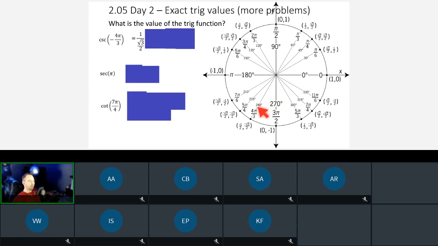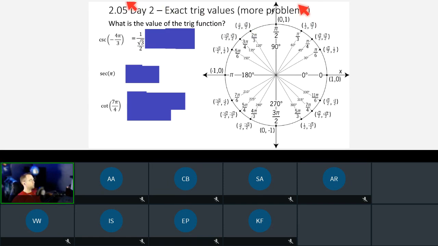So we want to go negative 4 pi over 3. So 240 degrees. So we're going negative 240 degrees. That's going to put us here. So this is negative 4 pi over 3. But again, if you want to convert this into a positive value, you just have to add 2 pi to the radians to get the coterminal radian angle, which is 2 pi over 3. And that's how I have 1 over the y value, radical 3 over 2.